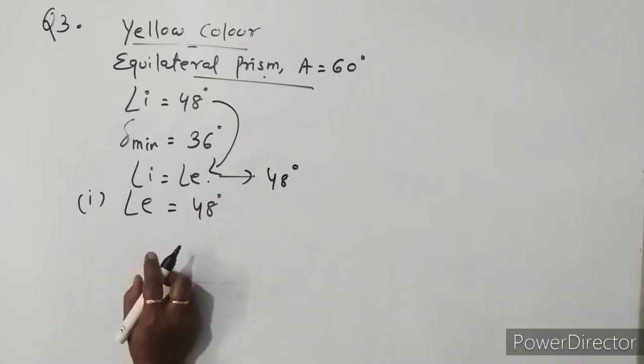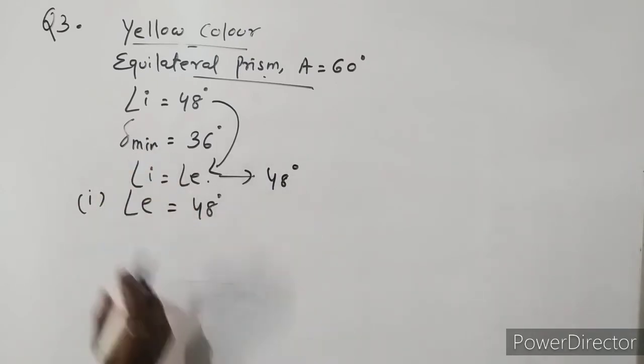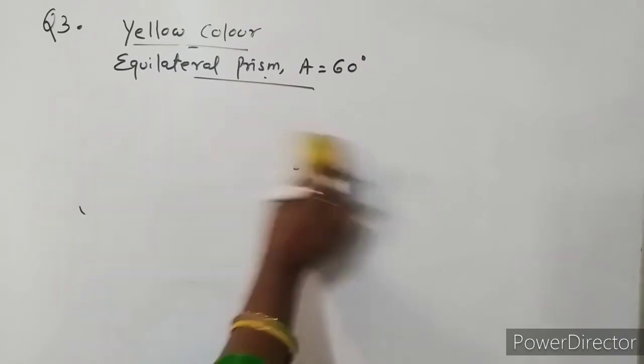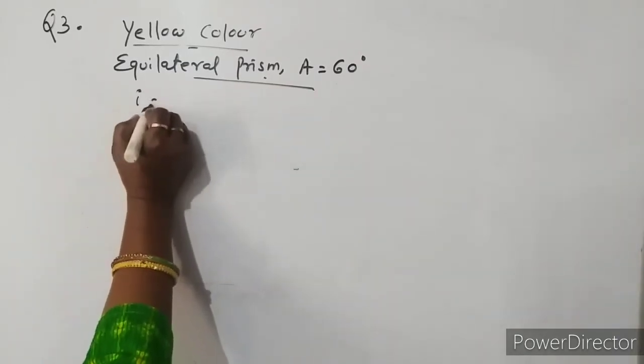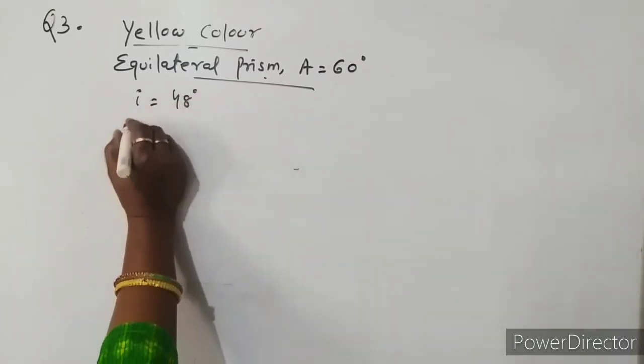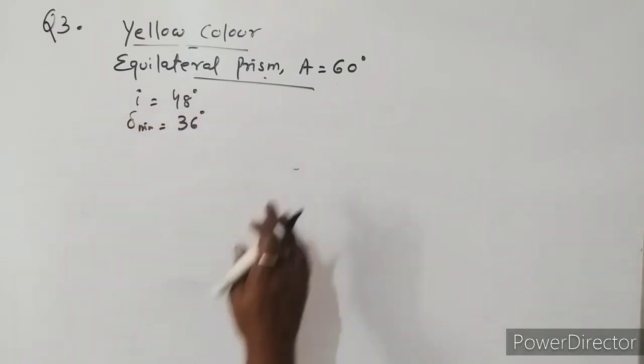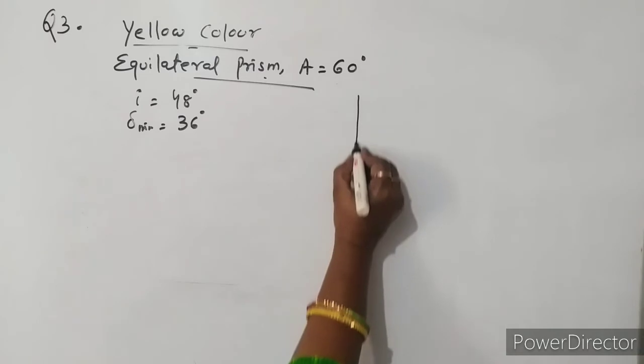Then if the angle of incidence changes to 30 degree and 60 degree, let us go for the second concept. Here I is given to us as 48 degree and delta minimum equal to 36 degree. This is the data given to us. So let us go for this one.